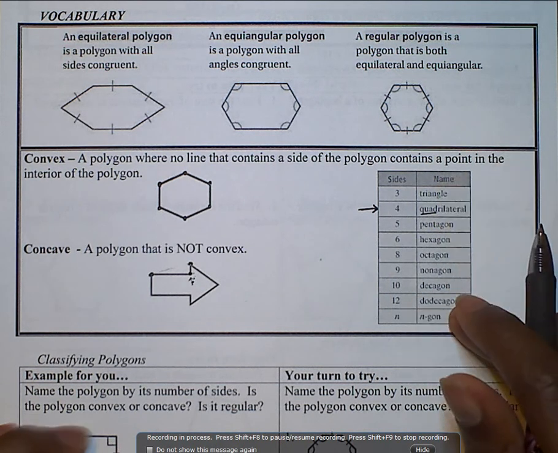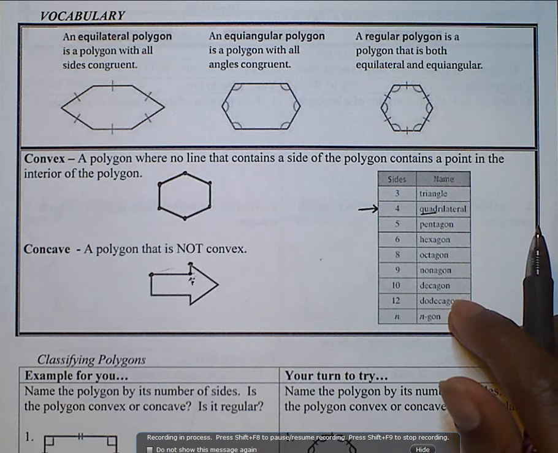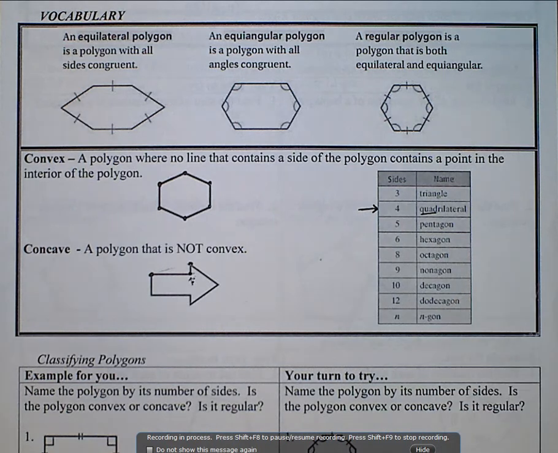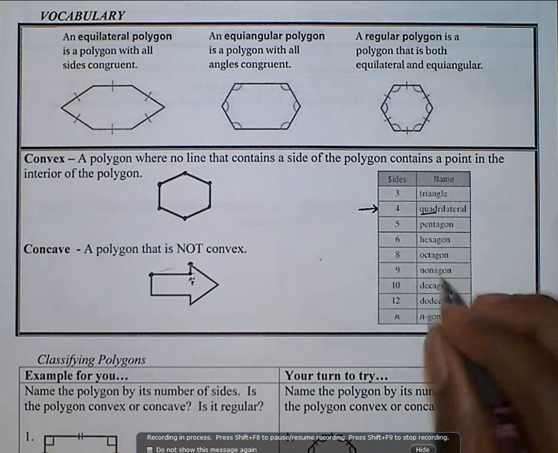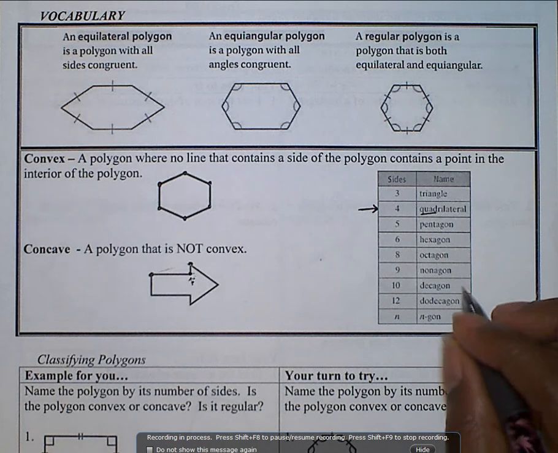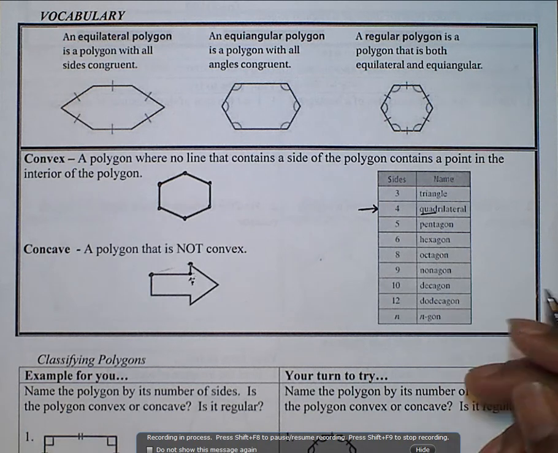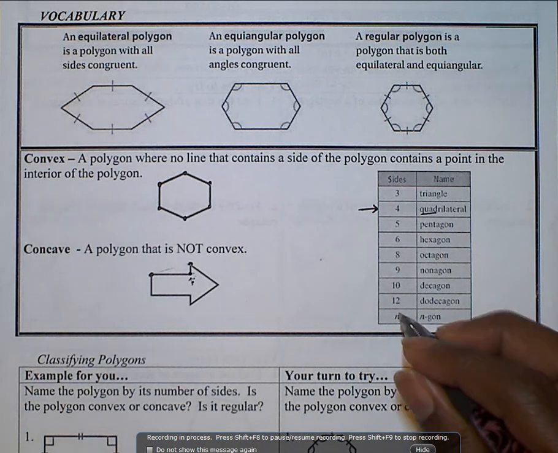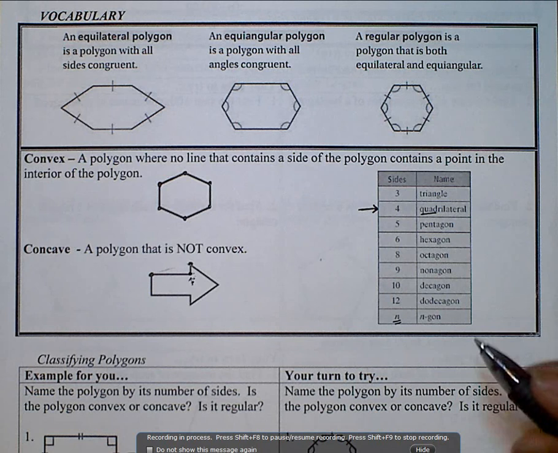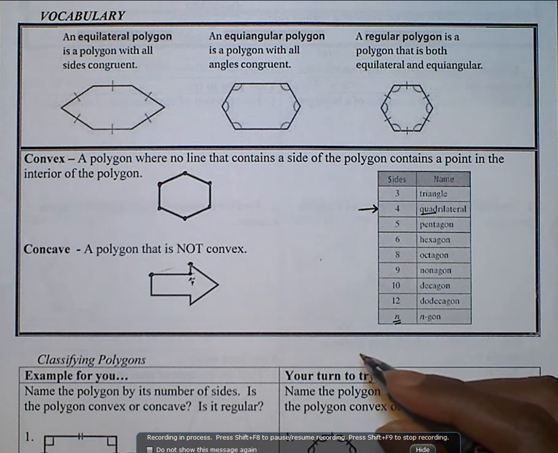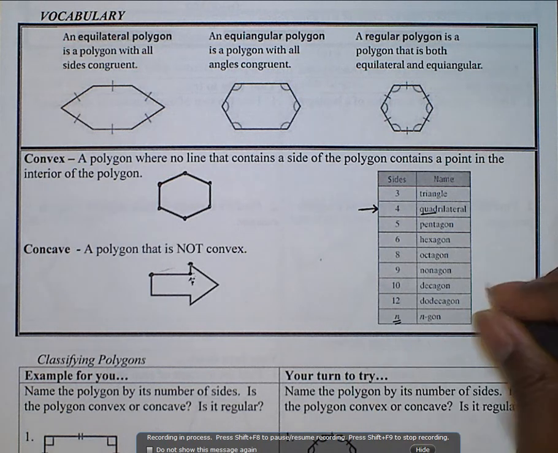There are names for numbered sides all the way up to like 10,000, but these are the ones we expect you to know. If something happens that's not in this table, it'll probably be called an n-gon. So if I say, you know, a 15-gon, it's pretty easy to know.